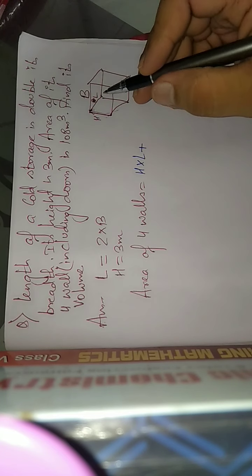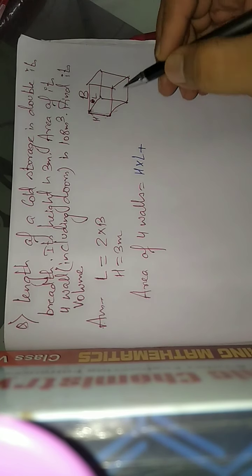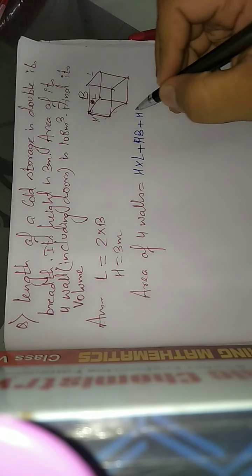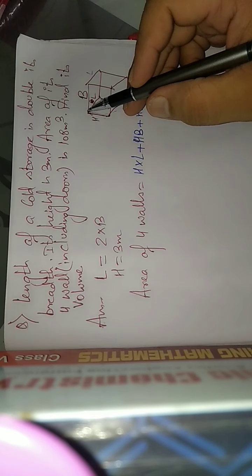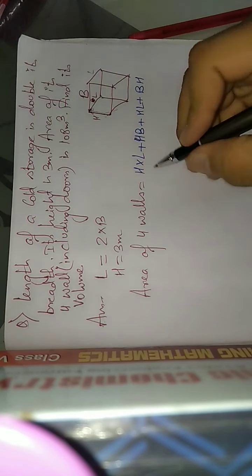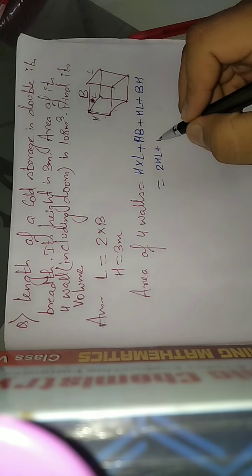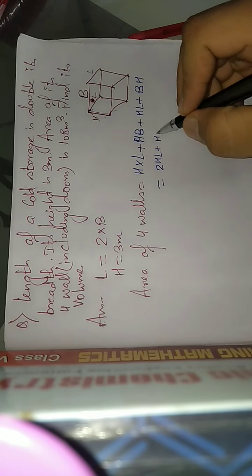No, this is breadth, so this is also breadth, which means height multiplied by breadth, plus this, which is height and length again, so height into length. How about this? This one is breadth and this is height, so B into H. So this is 2 into HL plus 2 HB. I'll take 2H common: L plus B.